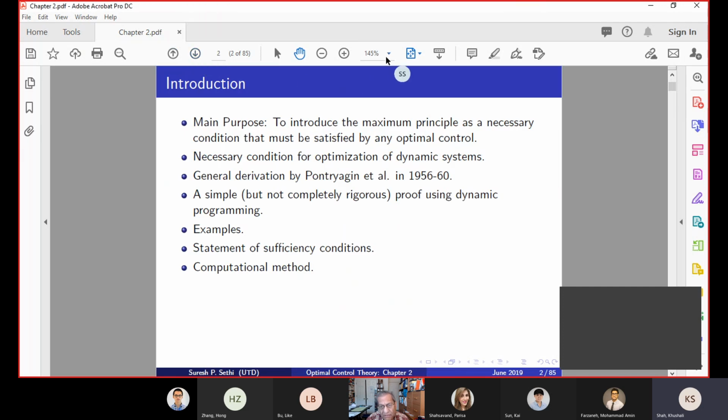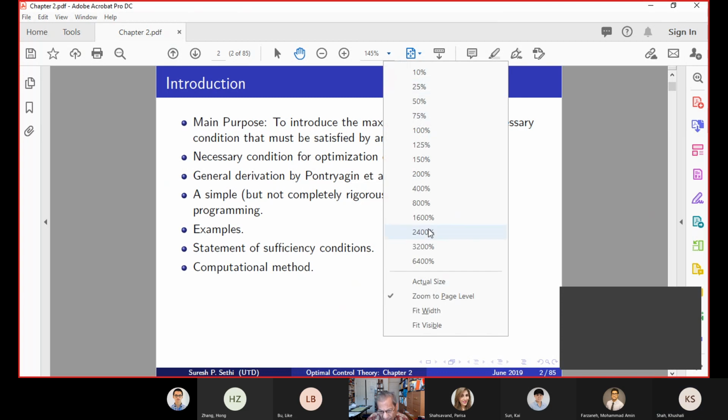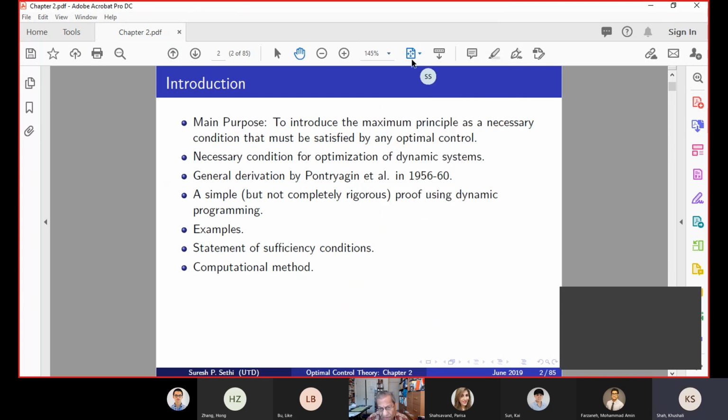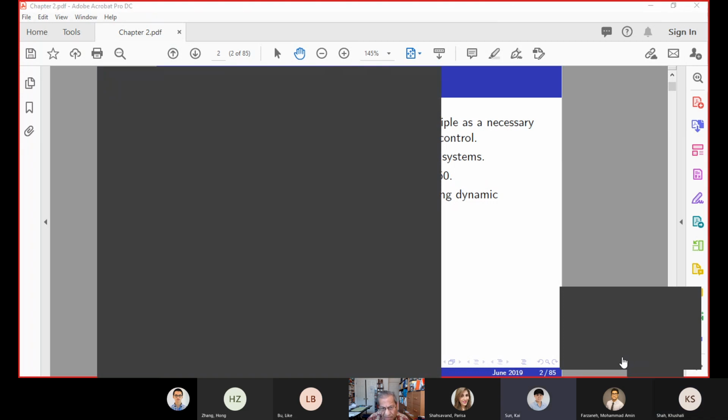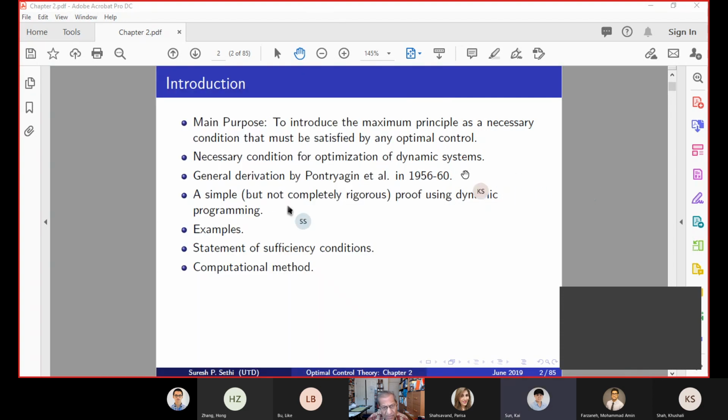And is there something to fit the page? You can click view to make it larger. It doesn't matter, I don't need to make it large. Can you see it this way? Yeah, I can see it clearly. Okay, so then that's good.